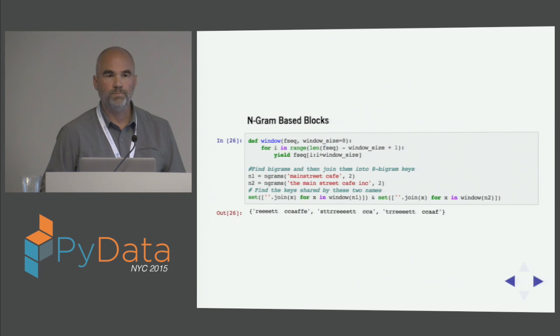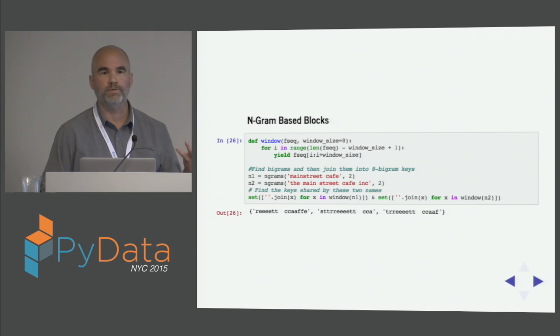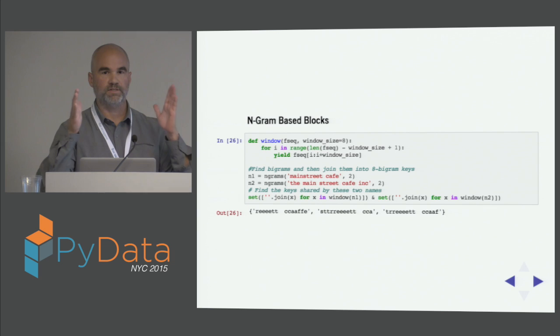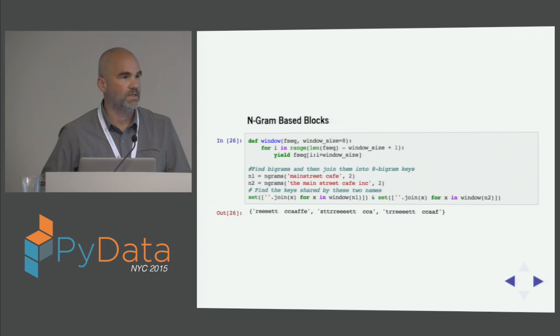Another thing that works pretty well on messier name data is what are called n-gram-based blocks. And the basic idea here again is you take n-grams. In my case, I have bigrams. You take the bigrams of the string, and then you take some subset of those and put them into a chunk, and that serves as basically a key and an inverted index.